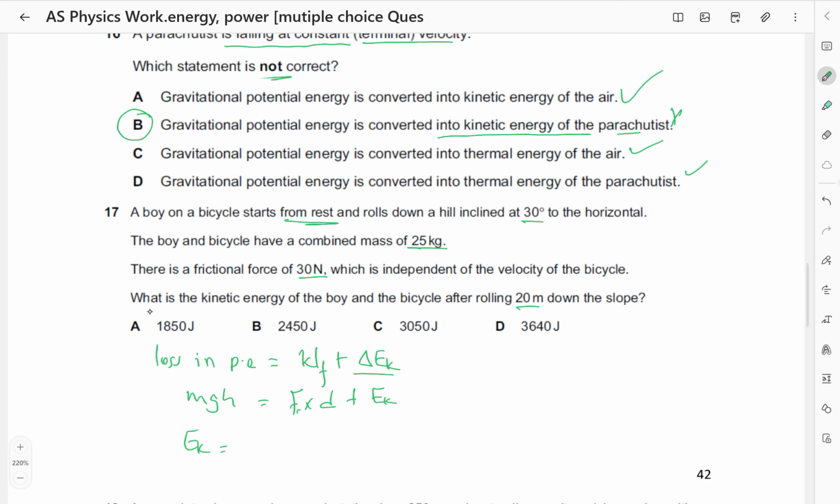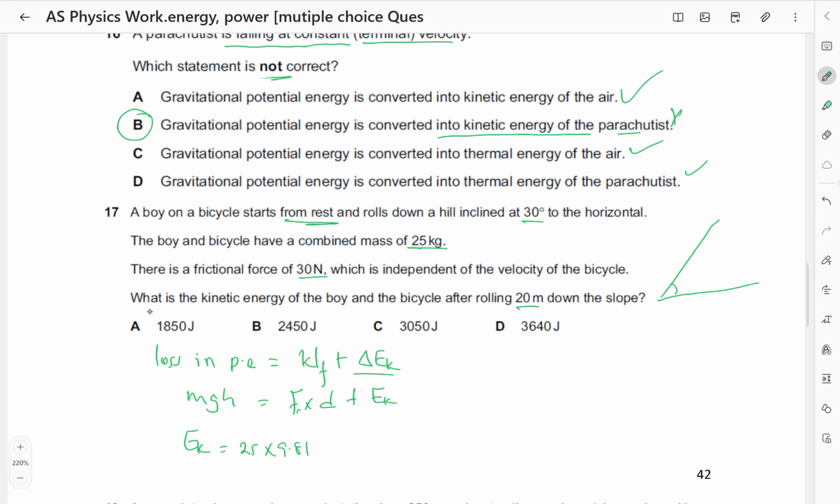So Ek is going to be m, where m is 25, times g, which is 9.81, times h.